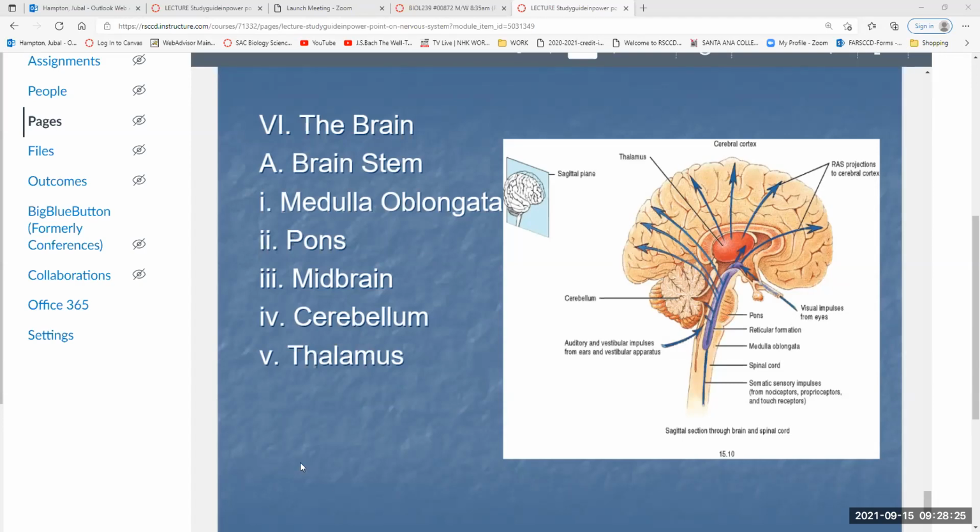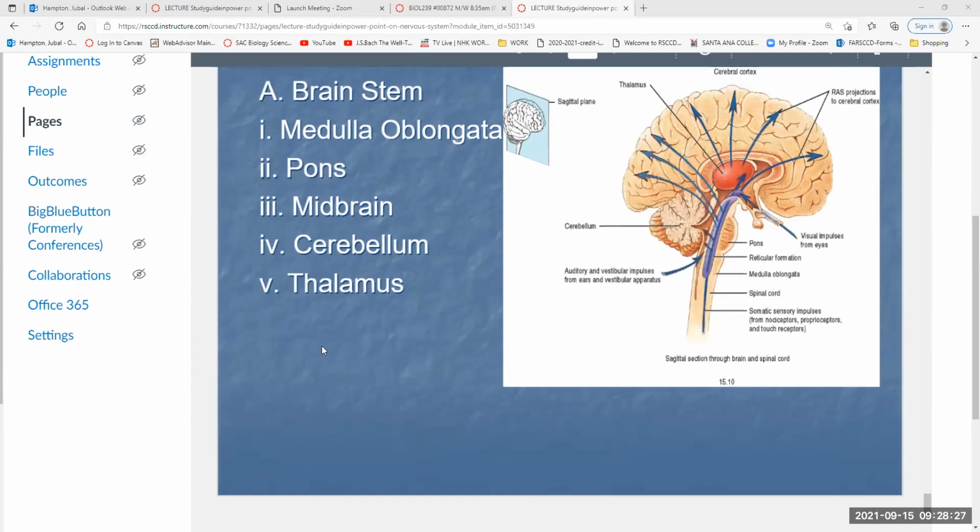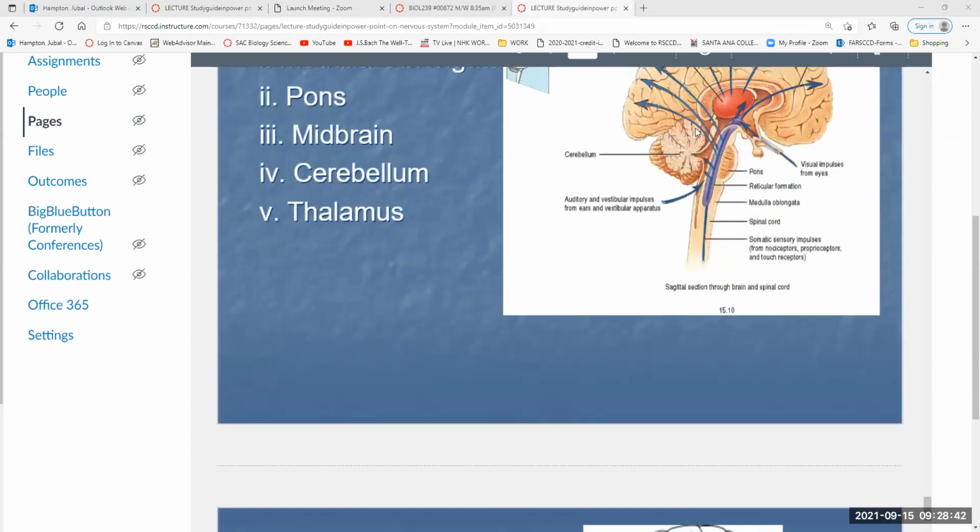So, oh, what other interesting tidbits about the brain? Now, pons means bridge. Pons means bridge. It's a physical crossing over between the brain stem and the rest of the brain. And let's look at the rest of the brain here. Cerebellum stands out really nice. It's the most posterior part of the brain stem.